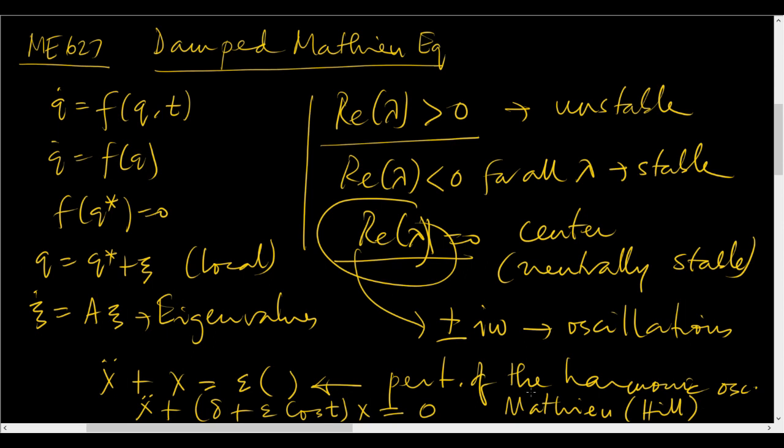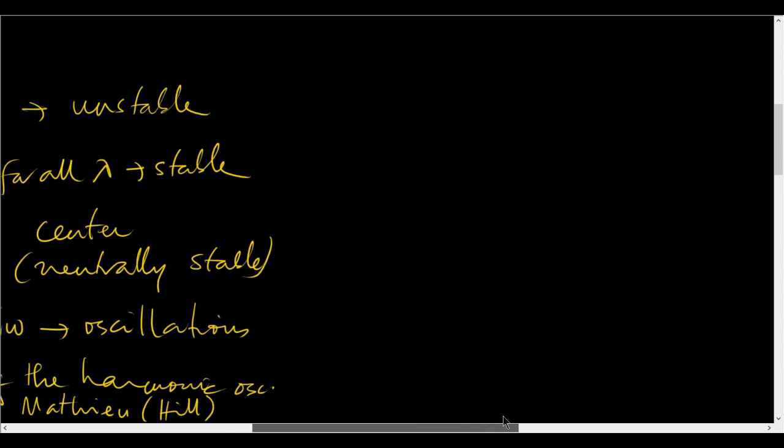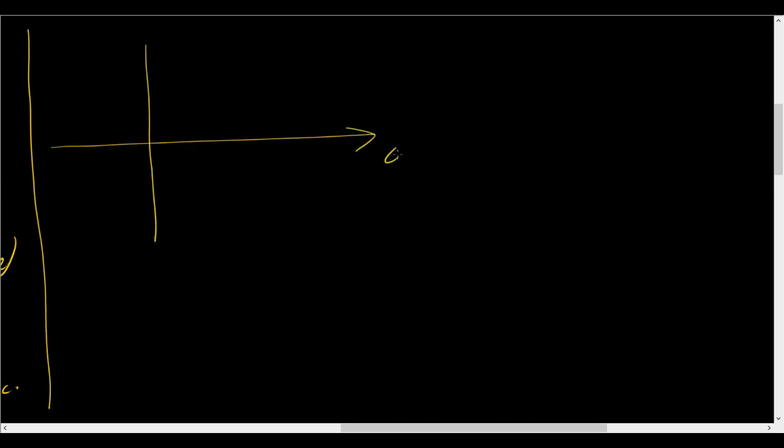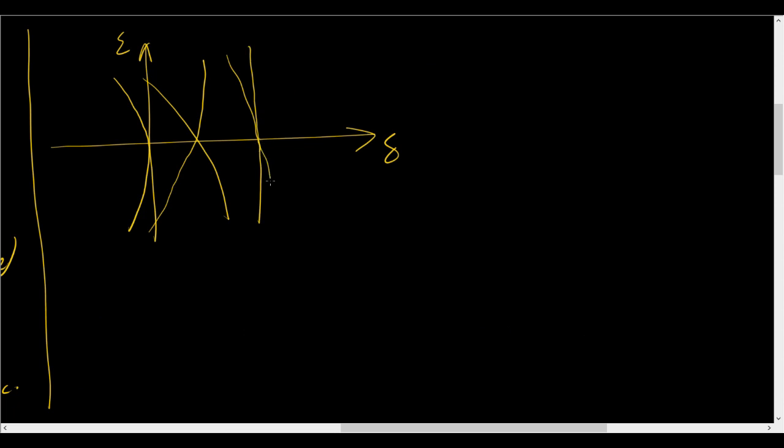For the Mathieu equation, via Hill's equation and Floquet theory, we found that on the parameter plane there are stability boundaries that look like this, etc., and all of this is stable.